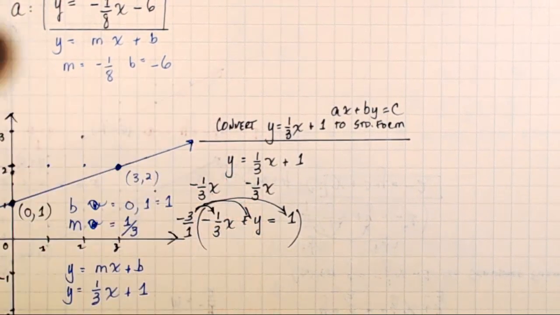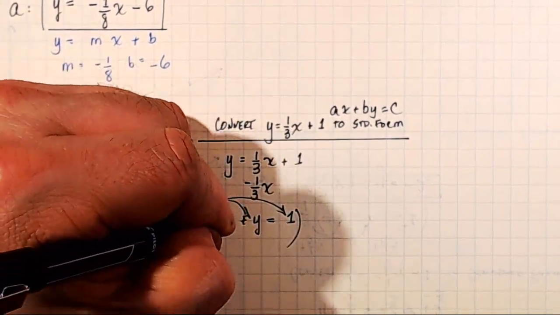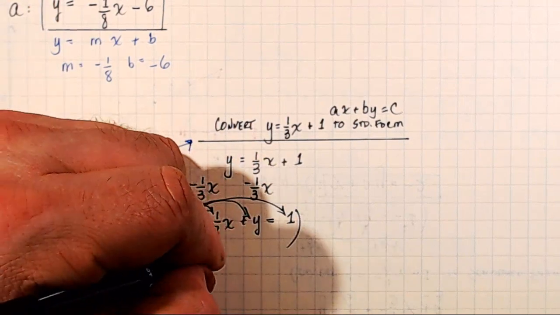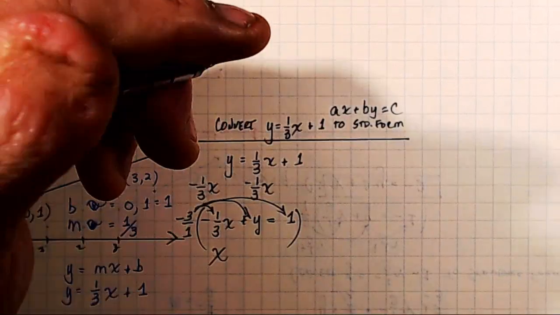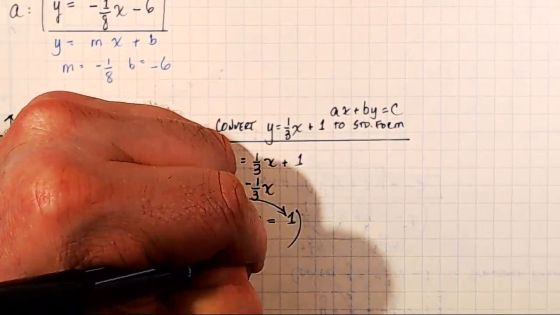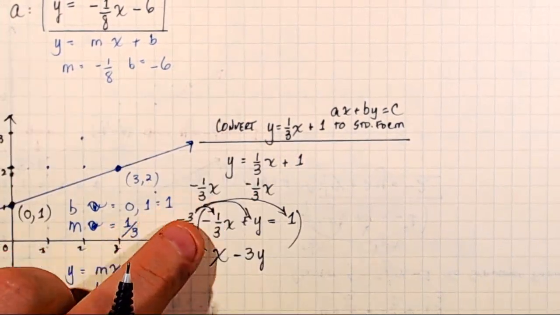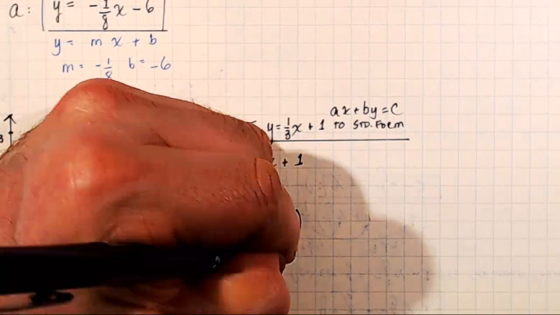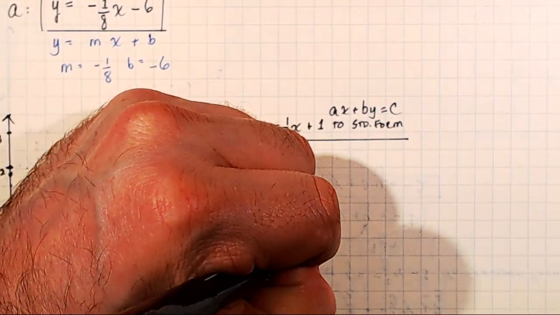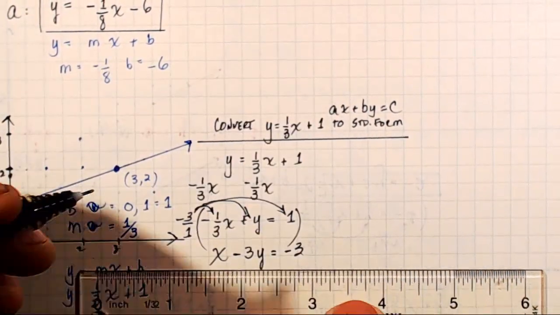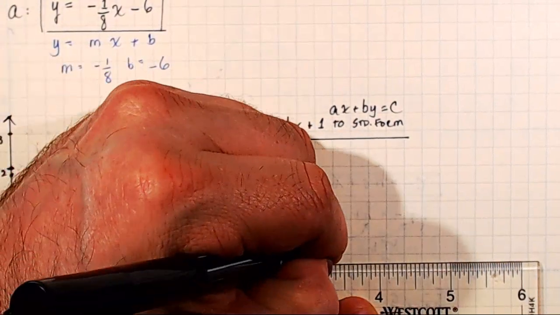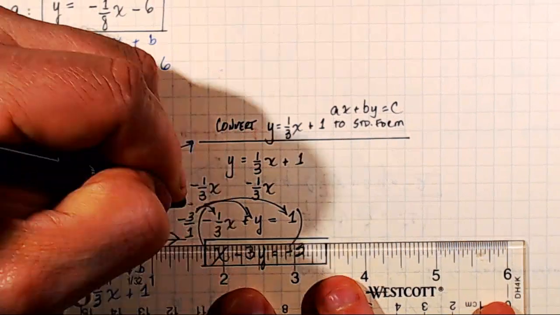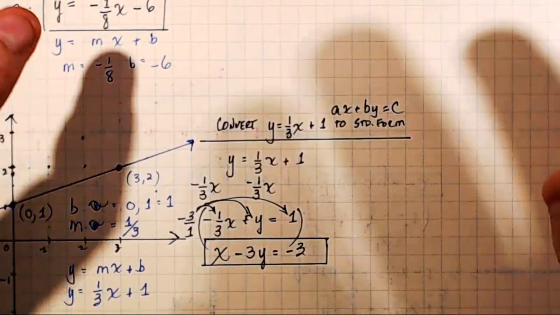So -3/1 times -1/3 gives 1, so we can just write x. And then -3/1 times y gives -3y. And -3/1 times 1 equals -3. Okay, so that is the standard form equation of the visual line that we were given visual data for.